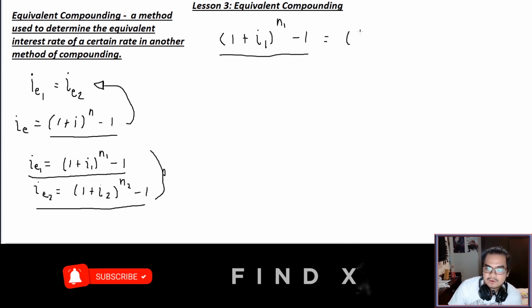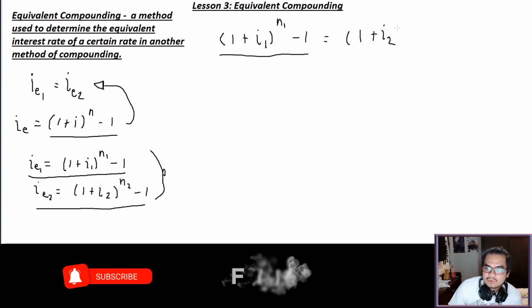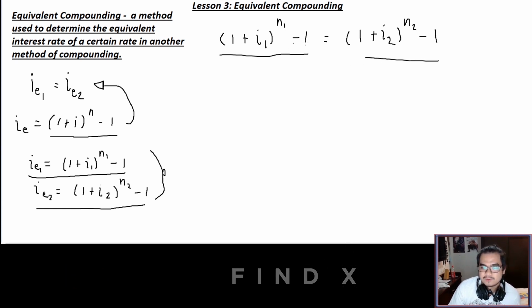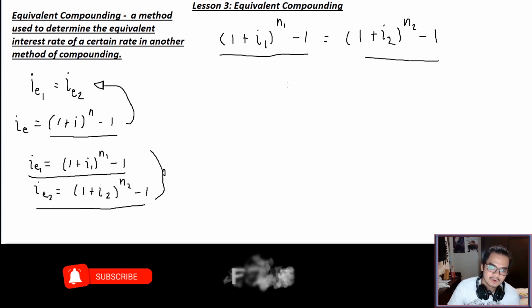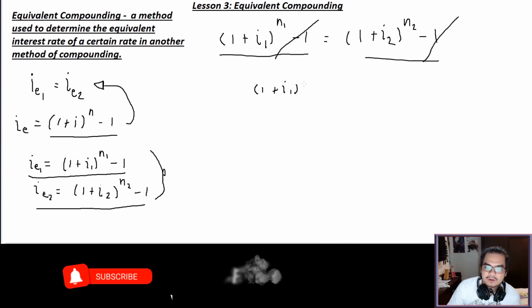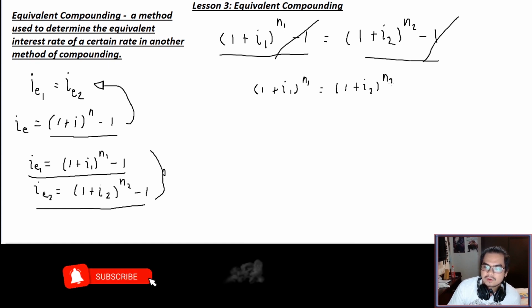So you'll have 1 plus i2 raised to n2 minus 1. As you can see, we have a common factor, minus 1 and minus 1, so you can cancel that out. You will be left with 1 plus i1 raised to n1 must be equal to 1 plus i2 raised to n2.